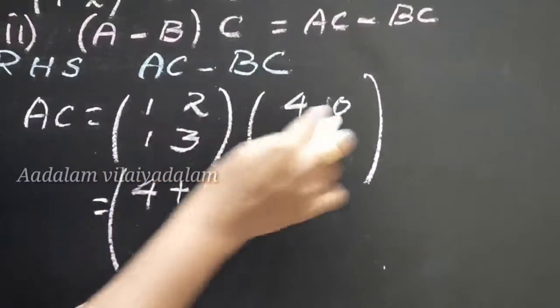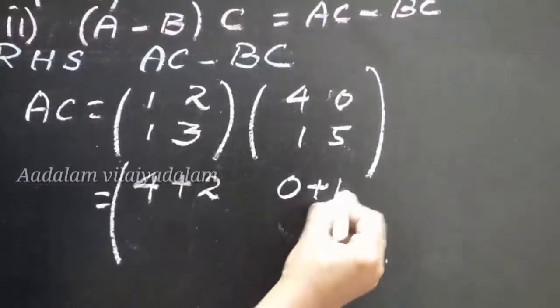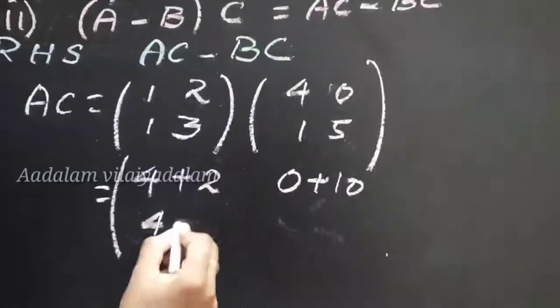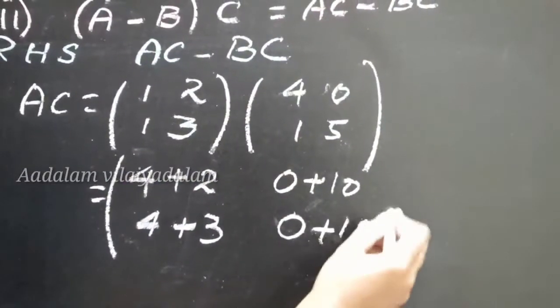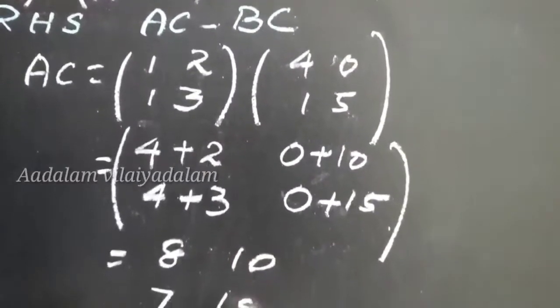Again the first row, second column: 1 into 0, 0, 5 2s are 10. The second row, first column: 1 4s are 4, 3, 0 plus 15. So the answer is 8, 10, 7, 15.